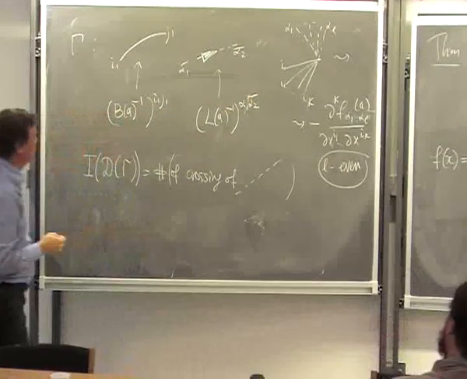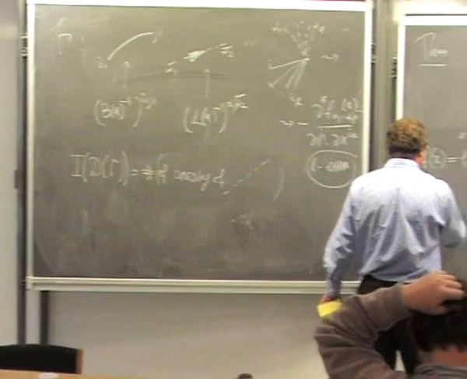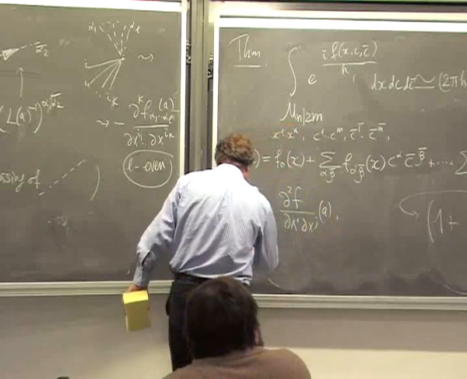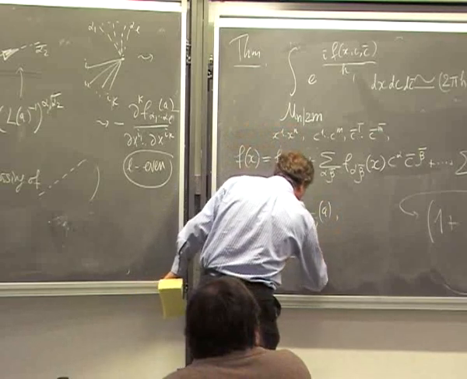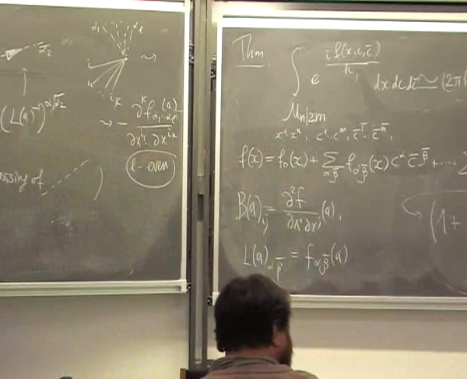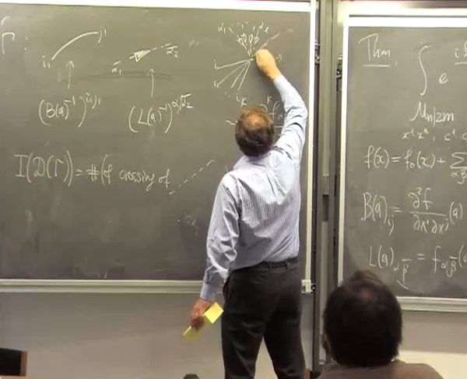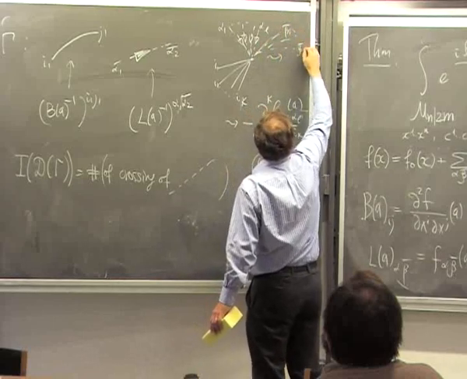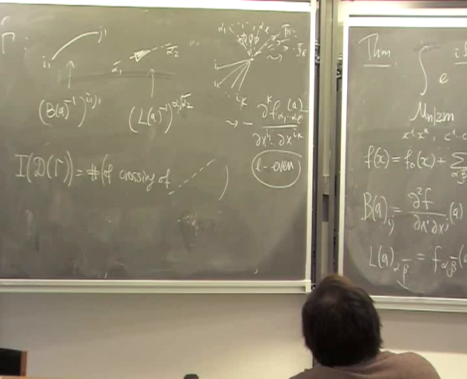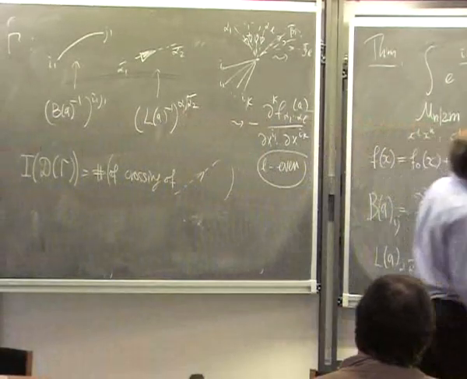B ij is the same, B A ij is just B of x i d j, and L A alpha beta bar is simply f alpha beta bar of A. Then here we have edges coming in, and then the same number of fermionic edges going out. And here it's just the number of crossings, it doesn't matter in which direction. And this is the formula that we need.